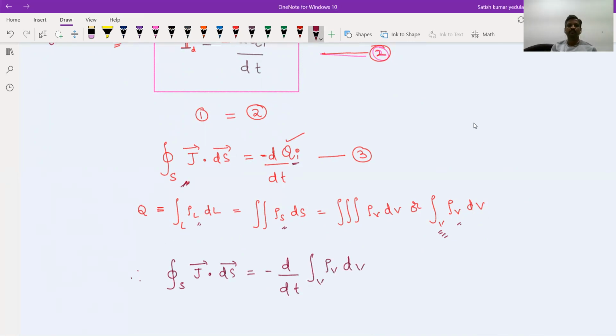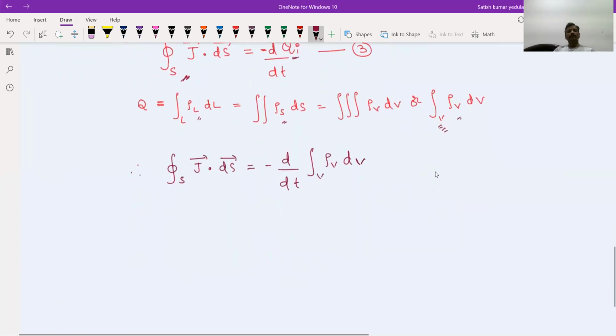There is one very important consideration that you have to take here. The d by dt is outside, and we can send it inside because d by dt, which is a function of time, is independent of the volume. If you send this d by dt inside, there will not be much change, but rho V is a function of three independent variables: x, y, z or rho, phi, z or r, theta, phi for different coordinate systems.